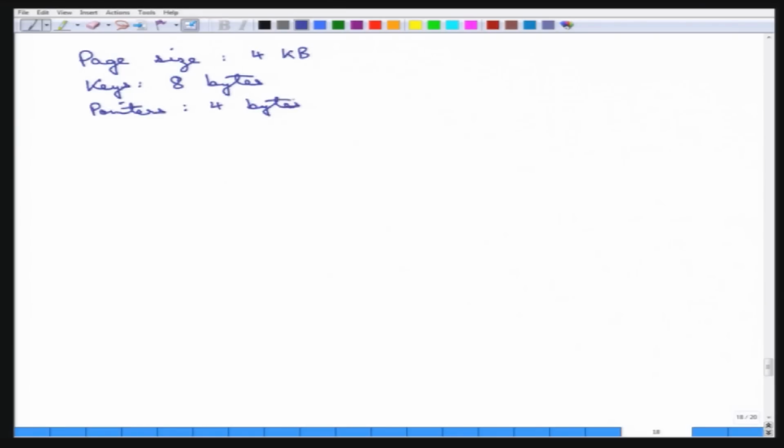Now how do we find the order of the B plus tree? We use the formula that is there, with this capacity. If one computes, this comes out to be 170, while theta for a B tree comes out to be 127.